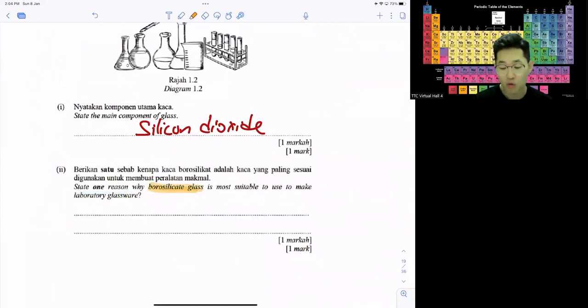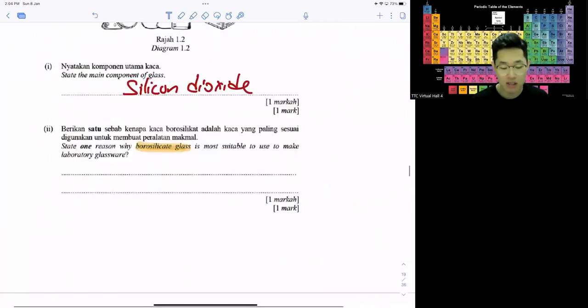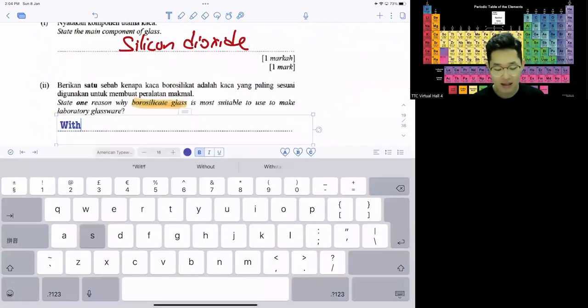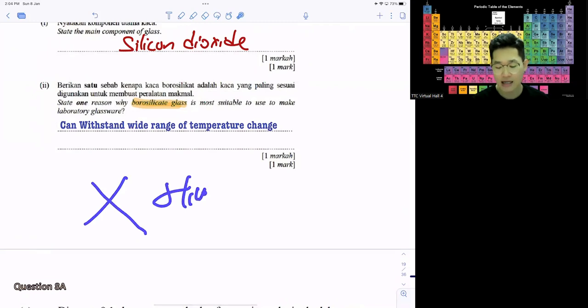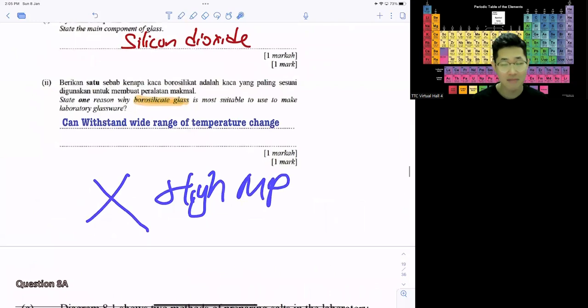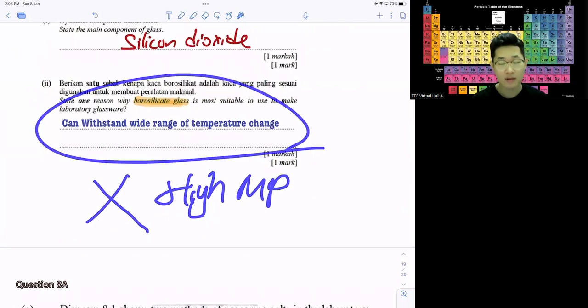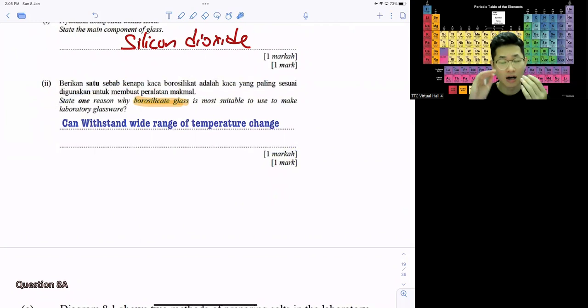The special property of borosilicate glass is it withstands a wide range of temperature change. Don't write an answer like high melting point, because all glass has a high melting point. But this one can withstand different temperatures, very cold or very hot, and it doesn't break. So this is the special part about borosilicate glass.